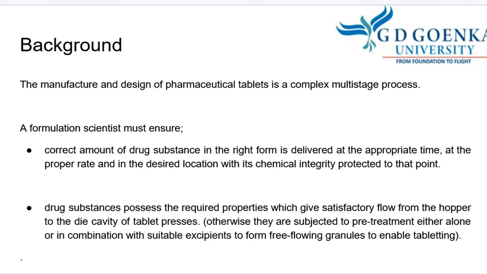That means they are either granulated using a binder in dry form or a binder solution in purified water, or dry granulation can be done using a slugging procedure or roller compaction method.